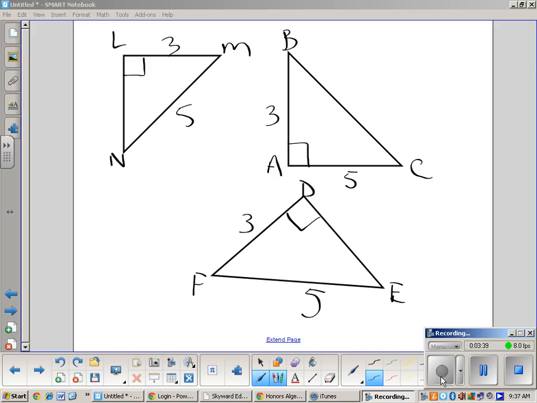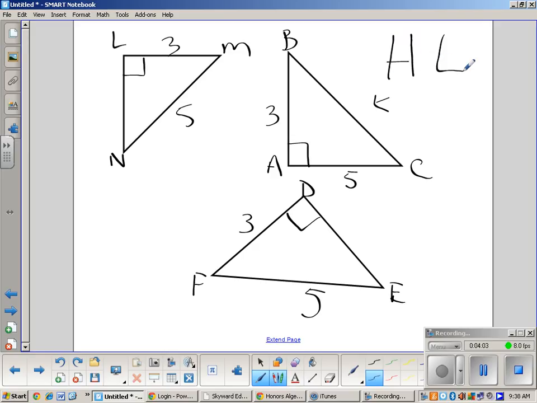Any ideas? So you're saying triangle ABC, which would be here. Is that congruent to any of the other triangles? No. NLM. Yeah. Okay, let's take a look at the ABC right here. Remember, we're trying to apply hypotenuse leg.